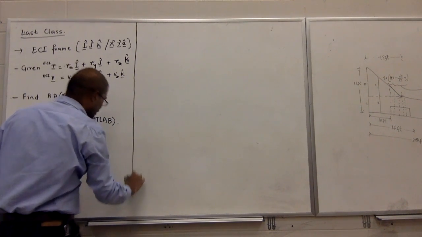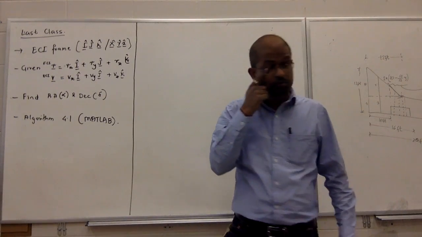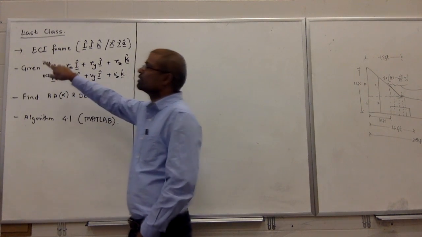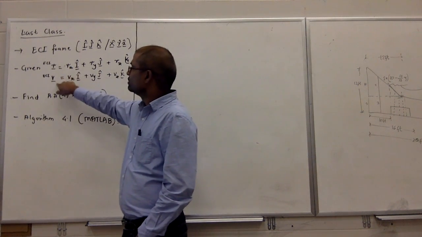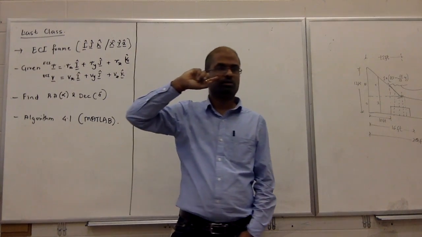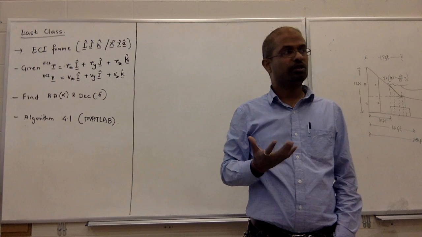Now the next part is, given again R and V. Understand this: R and V can be measured, so to speak. You take an instrument.